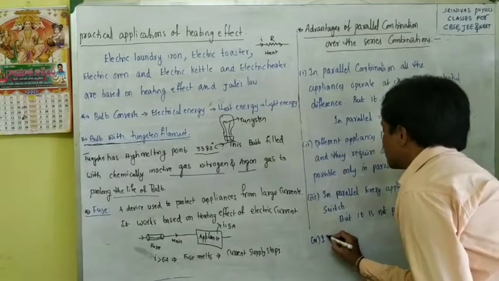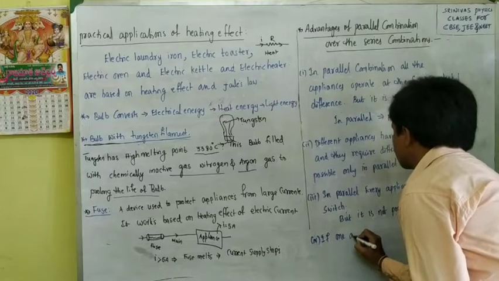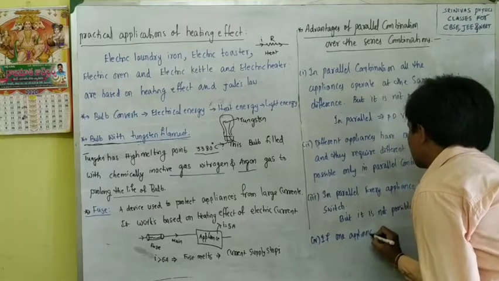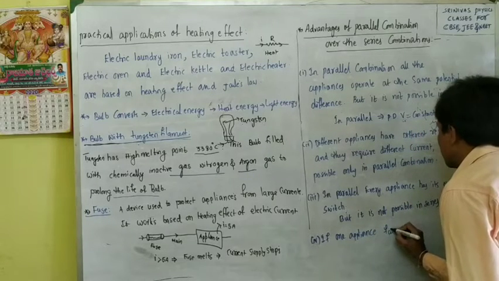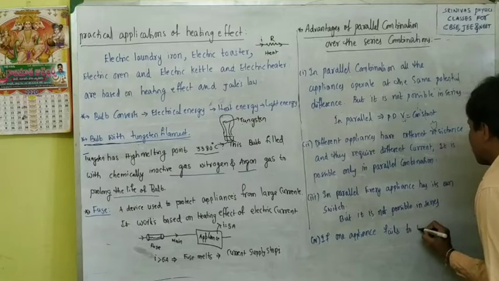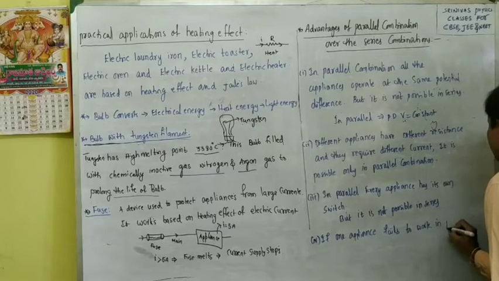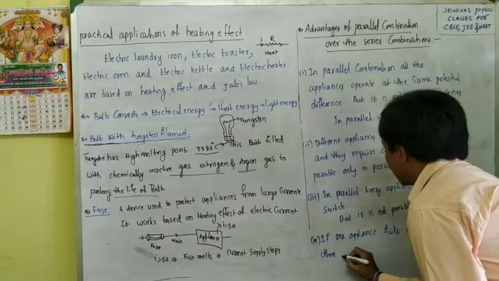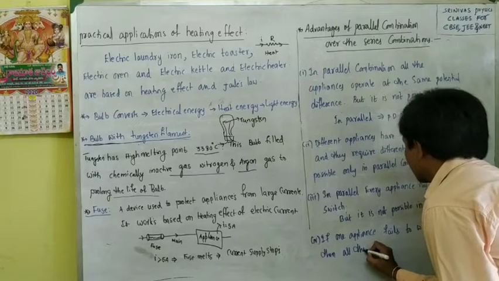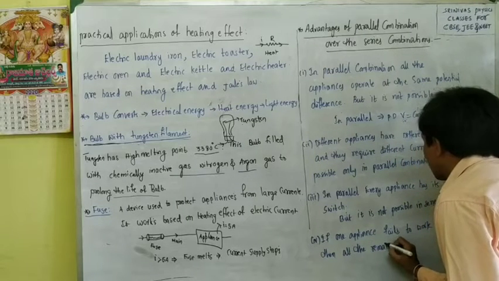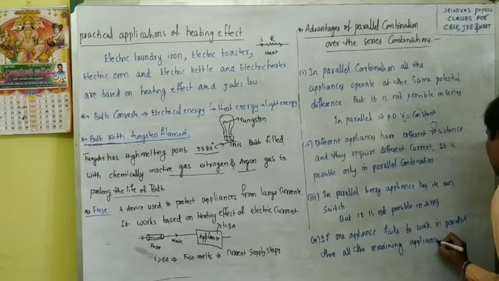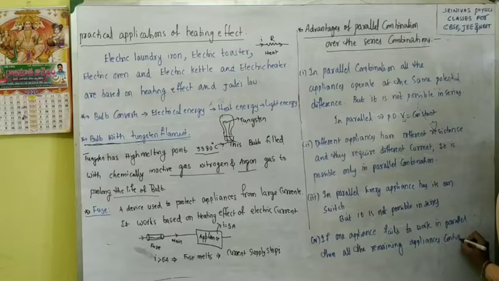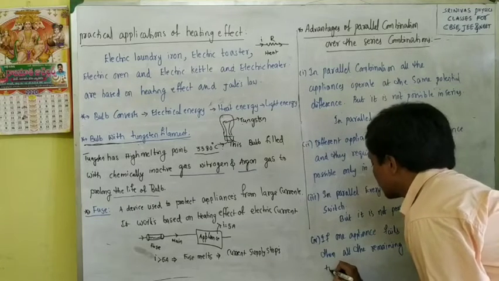If one appliance fails to work in parallel, then all the remaining appliances continue to work.